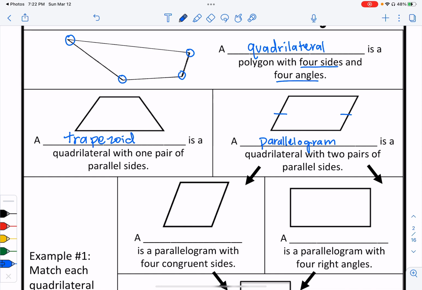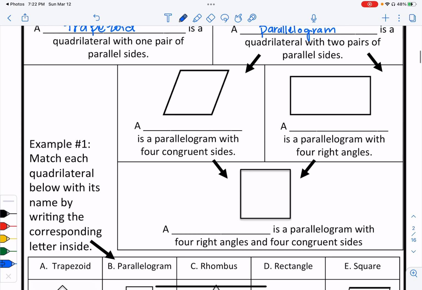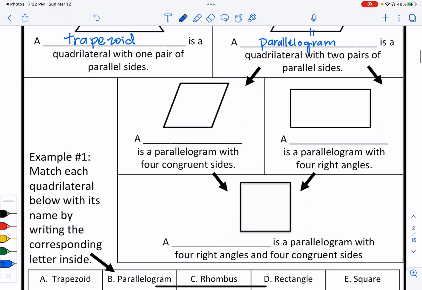These sides are parallel and these sides are parallel. Okay, parallelograms can technically be 2 different things.